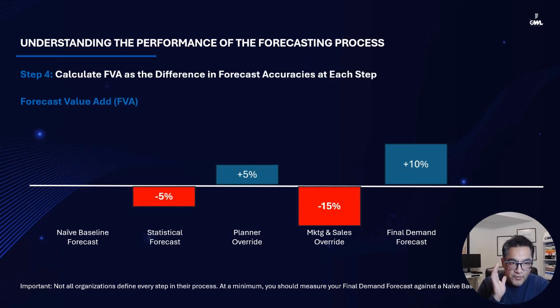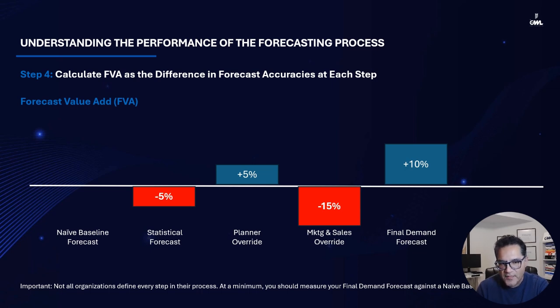So when you think about the addition or subtraction of value in each of the steps in the process, that's the concept where we start thinking about forecast value add. Forecast value add essentially is the difference in forecast accuracies at each step. The naive baseline forecast was 95% accurate, but the statistical forecast was 90% accurate.